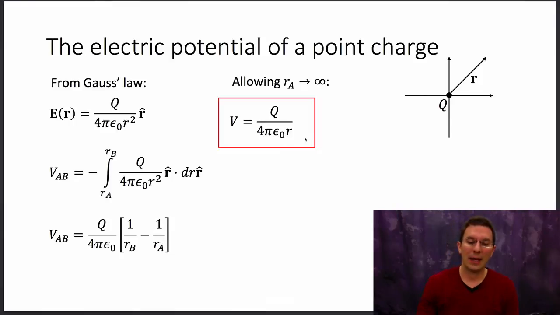So at any point here on a constant radius, the electric scalar potential looks like this. It's very similar to the electric field, except of course it's a scalar, not a vector, and the magnitude of the potential falls off as 1 over r, versus 1 over r squared.